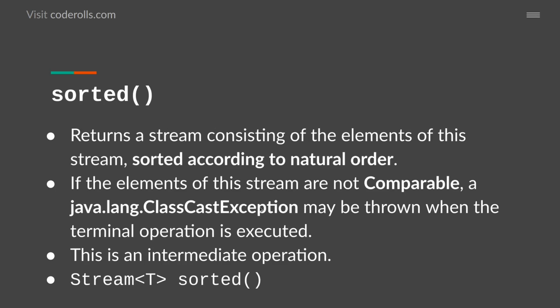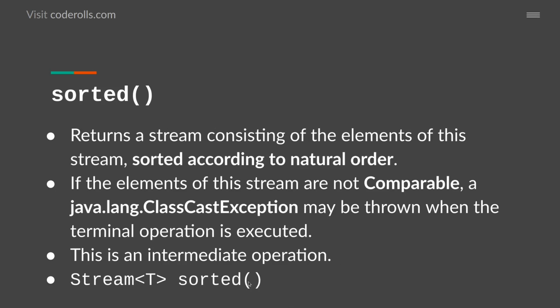Just remember that the elements of your stream should be comparable. If they are not comparable, it will throw the ClassCastException. And this is an intermediate operation. It means the sorted method will always return a stream, and that's why it is an intermediate operation. And this is a simple method signature.